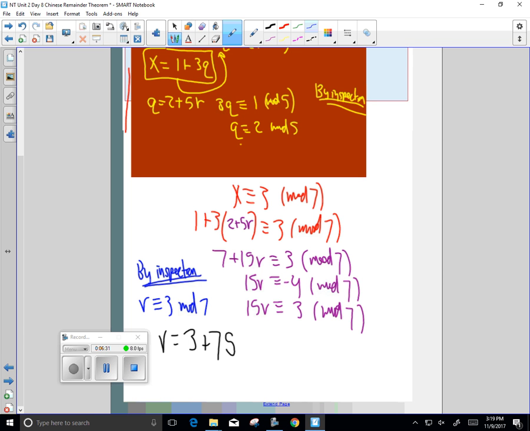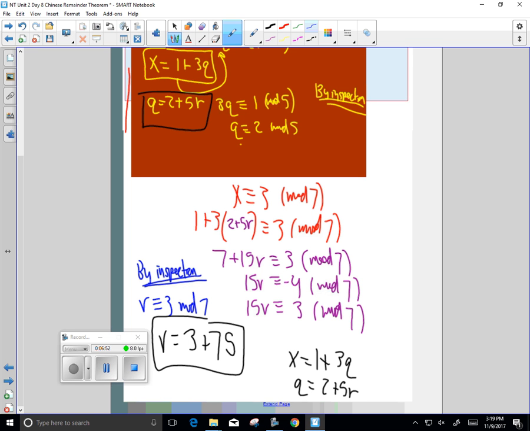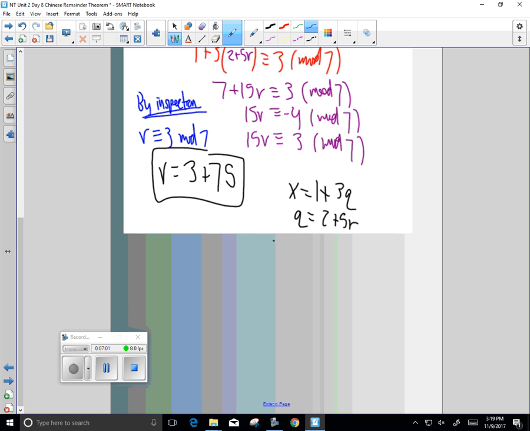Once you have that, you're ready to go back and pull all of these together, Q and X. So let's repeat those. We have X equal to 1 plus 3Q. We have Q is equal to 2 plus 5R, and R is equal to 3 plus 7S. Then you just take the original X equal to 1 plus 3Q.